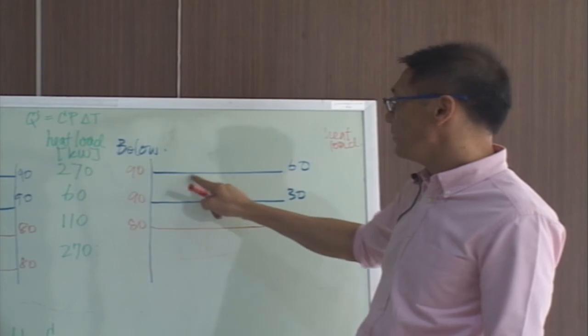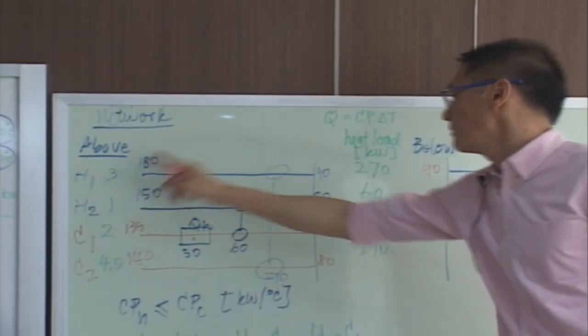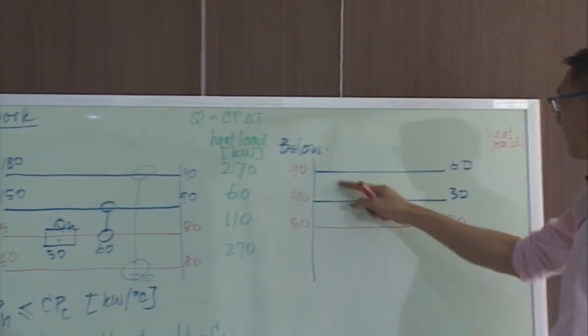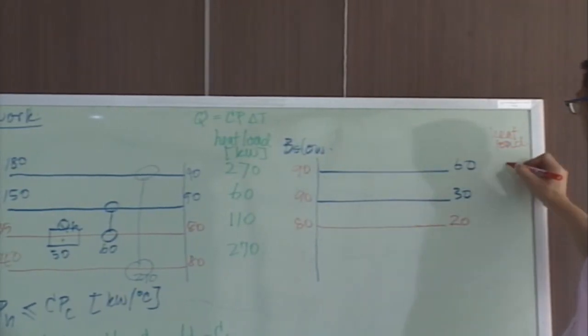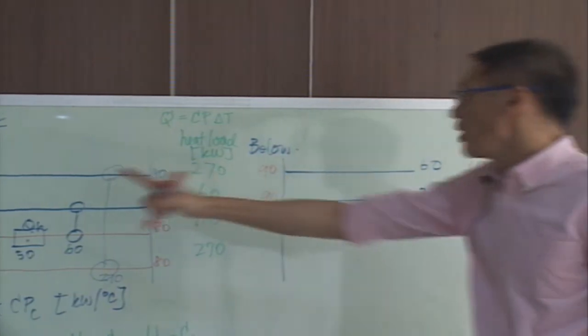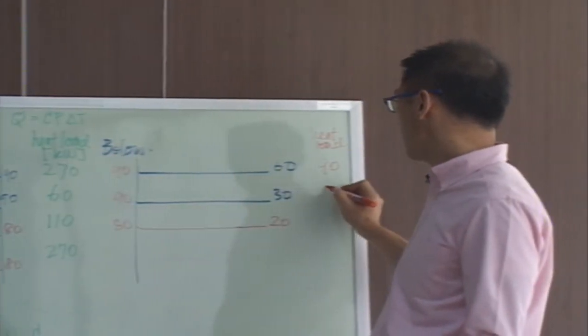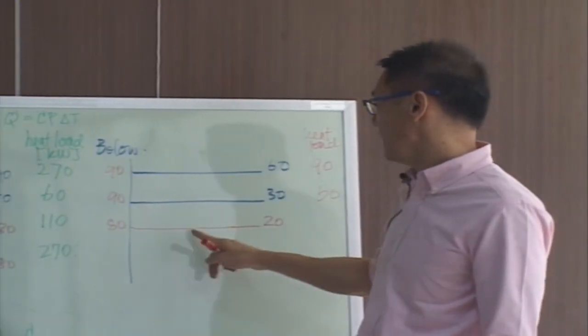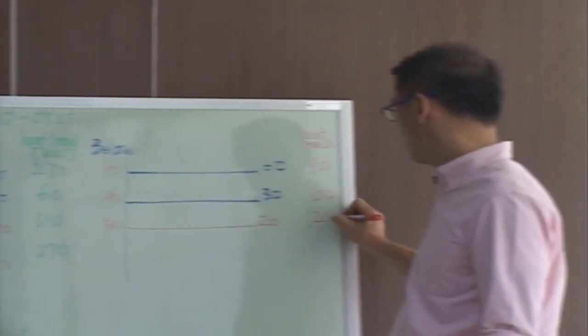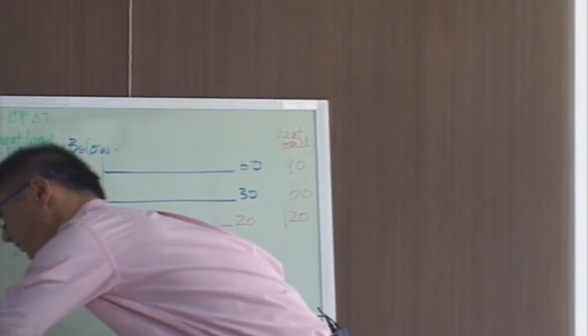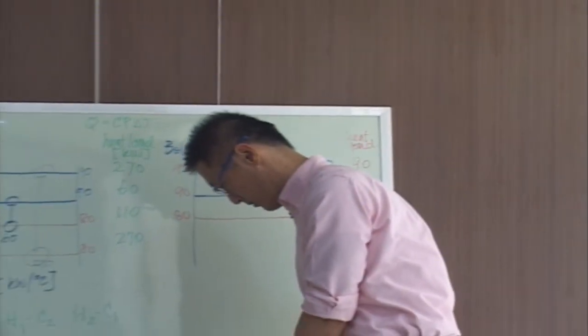So the heat load of this stream is 3 Cp multiplied with the temperature gap. So it becomes 90. 1 multiplied with the temperature gap, 60. And 60 multiplied with 2, it is 120. Okay.